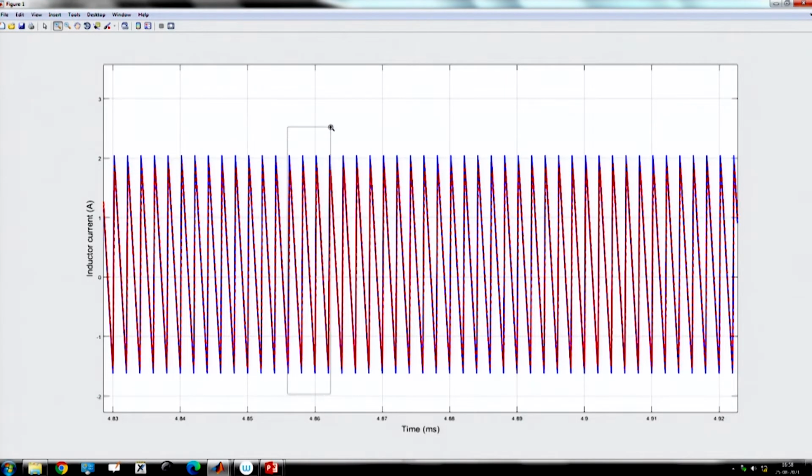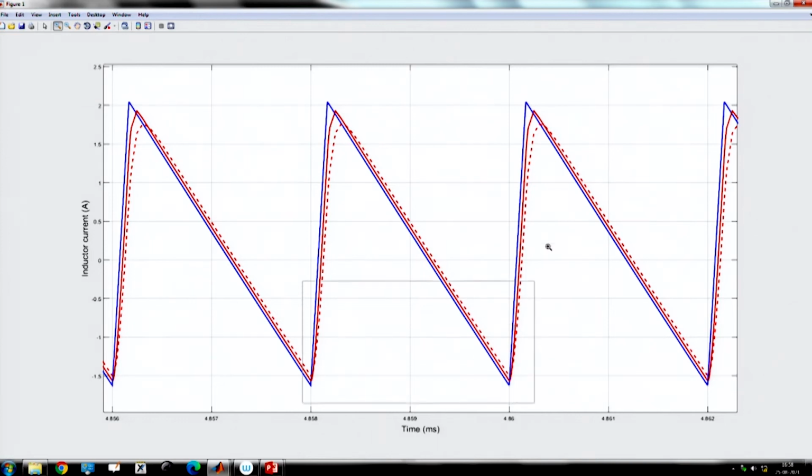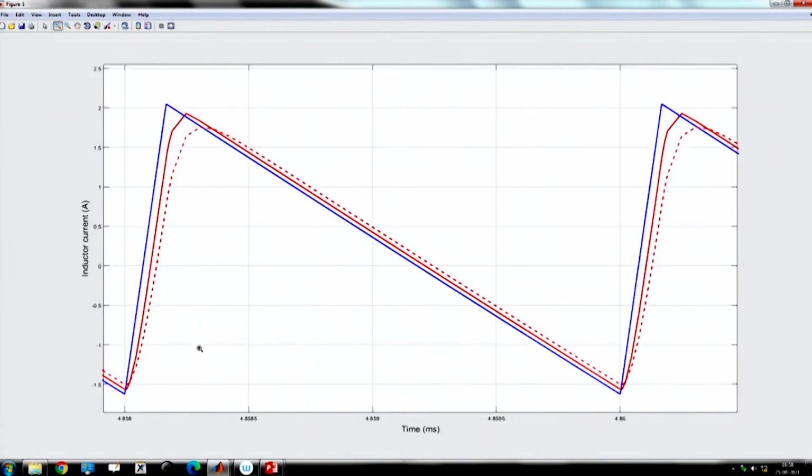if we take one particular cycle, you see the dotted line is further getting attenuated, because you are reducing the bandwidth further and further. As a result, it is getting attenuated, and also the low pass filter is introducing a phase lag.